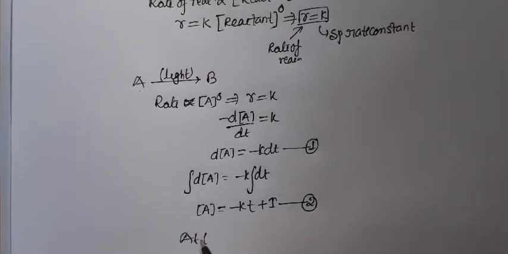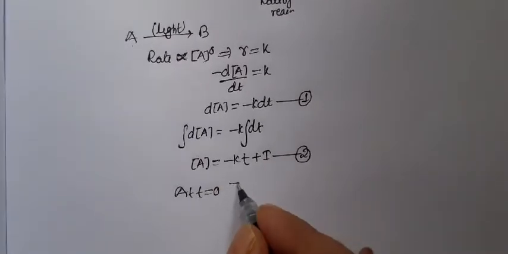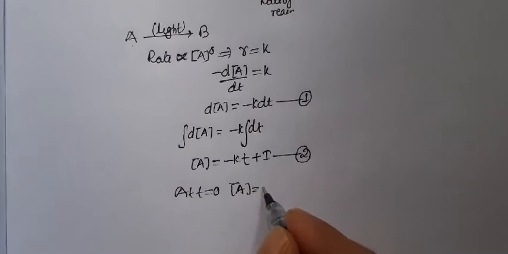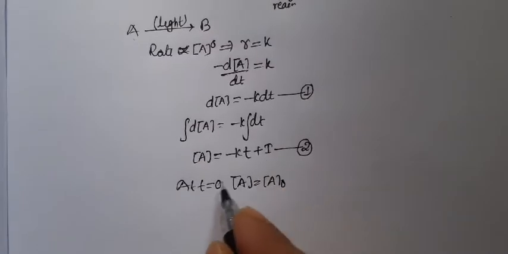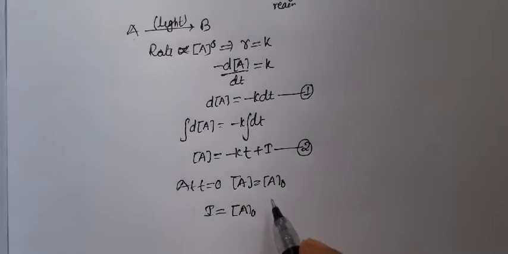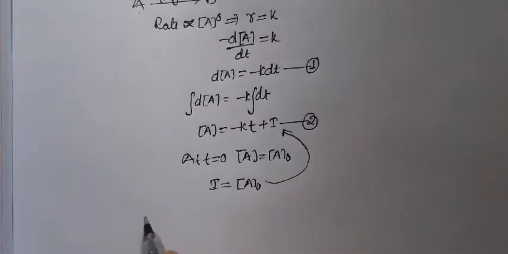At t equal to 0, when there is no change in time, the concentration of A becomes A0, the initial concentration. Putting this value in equation 2, we get the value of I as A0. Now putting the value of I in equation 1, we have concentration of A equals minus kt plus A0.